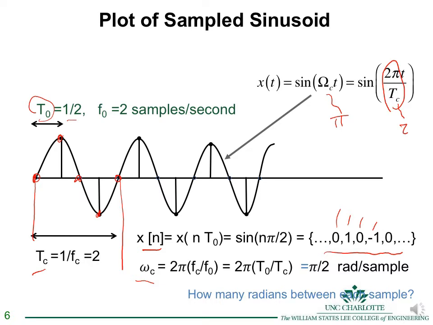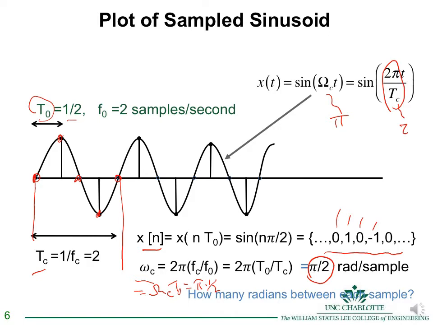And if you recall, the discrete time omega equals omega c times t0, and that equals now pi times 1/2. So it's pi over 2. We can use any of the other forms also to show that the frequency is pi over 2.